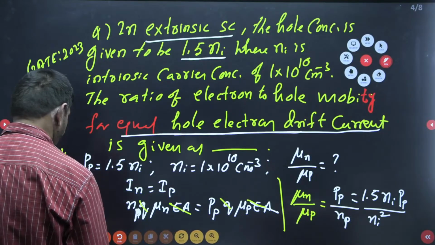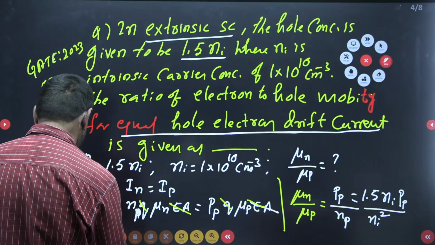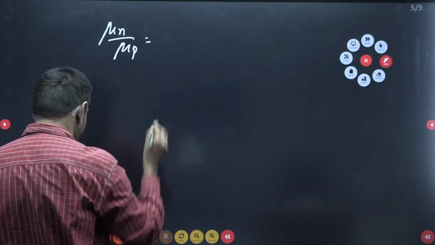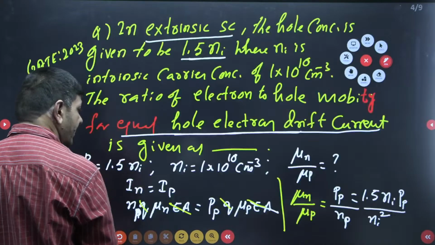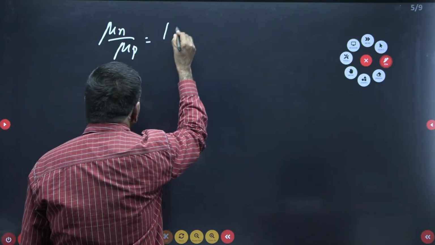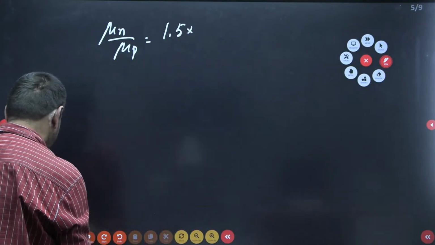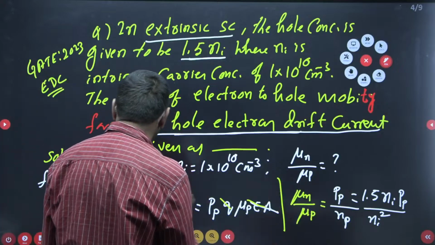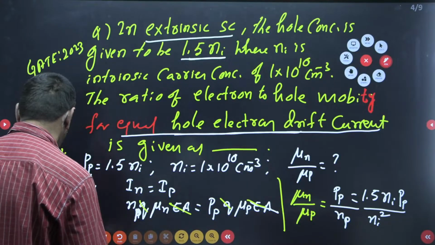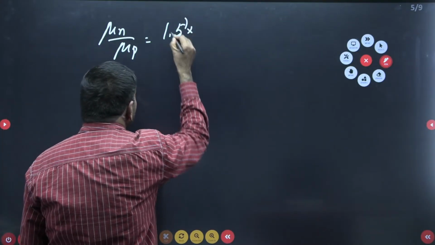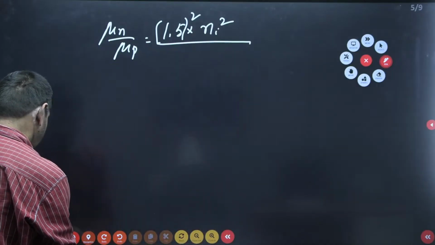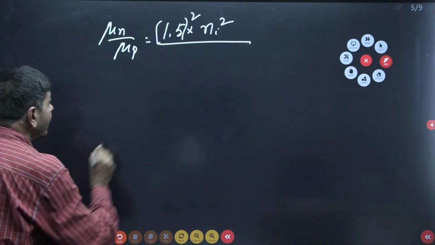Mu_n by mu_p is nothing but 1.5 into, and here p_p is 1.5 into n_i, so 1.5 into 1.5 n_i, 1.5 squared n_i squared, divided by n_i squared.